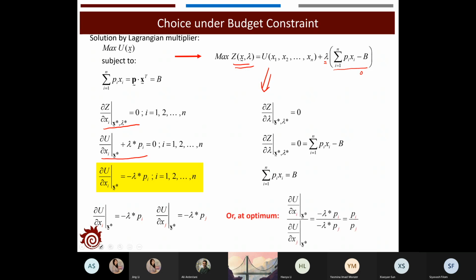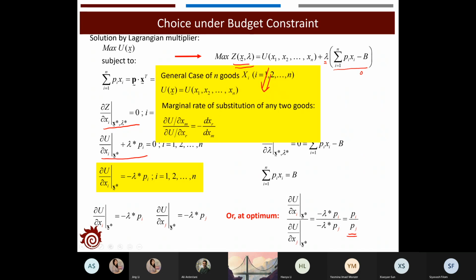So eventually we can find that at the optimum values of x and lambda, we have partial u over partial xi divided by partial u over partial xj will equal to pi divided by pj. So this will be actually consistent with the conclusion we made previously.